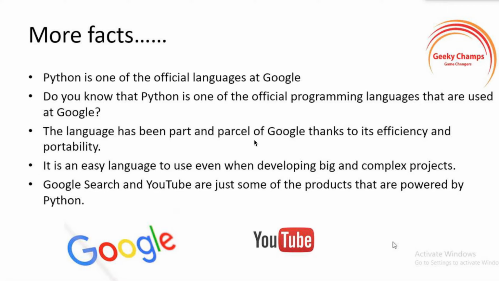So how are these applications and websites designed? Google and YouTube are designed using Python. So here you can see your future: if you know Python, you can go into such companies which make use of the Python programming language for developing and creating their products, right?